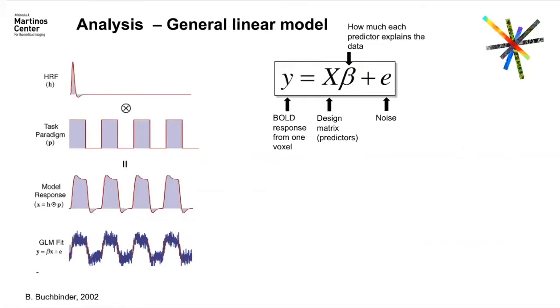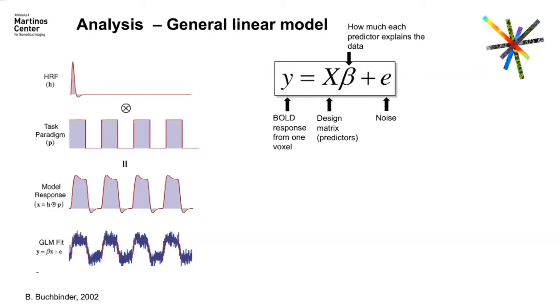A common way to analyze this kind of design is to use a general linear model. Basically, here is the equation for it: y is the BOLD response from one voxel, x is the design matrix, which contains the predictors or regressors that explain the data, and beta is the value that tells how much each predictor explains the data, and then there is of course a noise term.